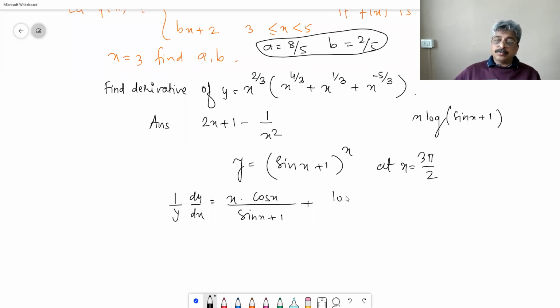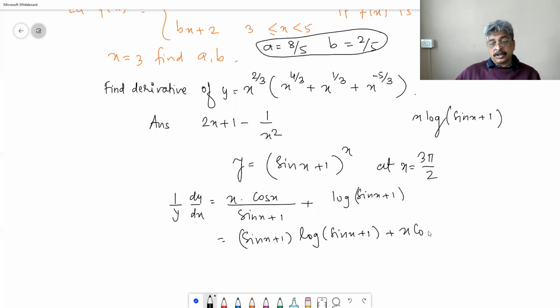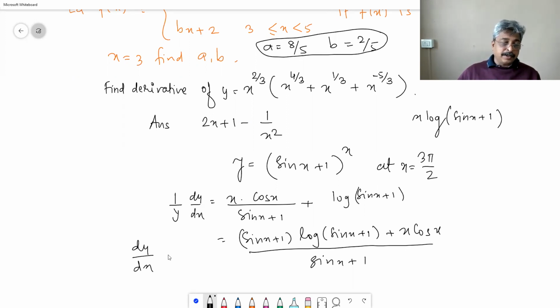The second is log of sin x plus 1 into 1, which makes it log of sin x plus 1 plus x cos x upon sin x plus 1. So now multiply by y, then this is equal to, multiplied by sin x plus 1 bracket raised to x.